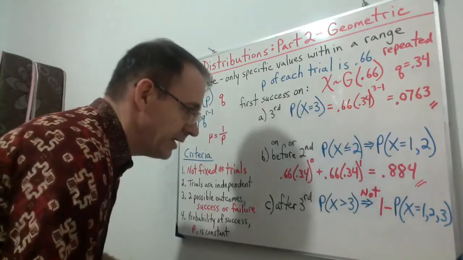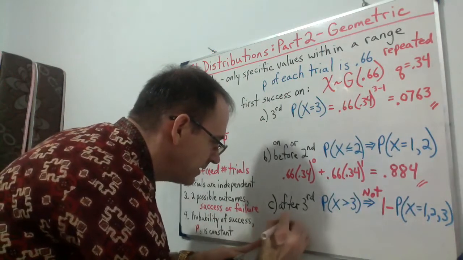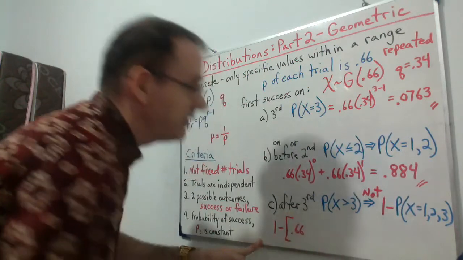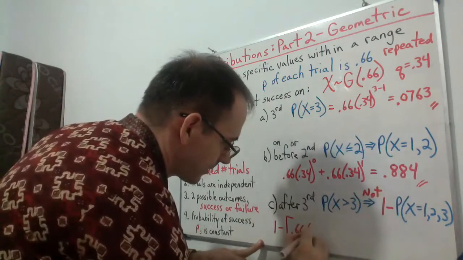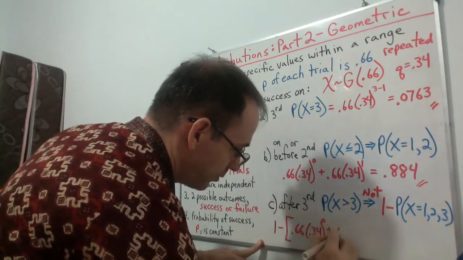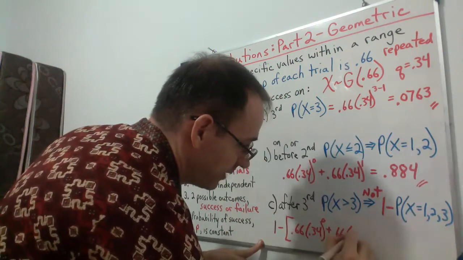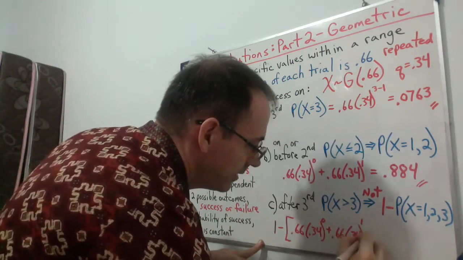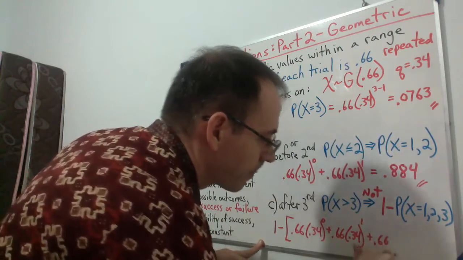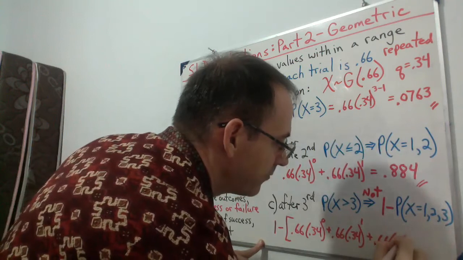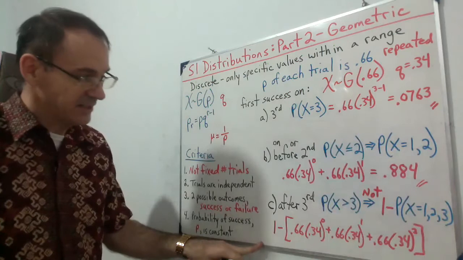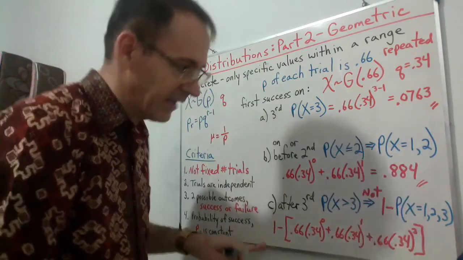So this is going to be 1 minus 0.66, that's 1 success, 0.34, no failure, plus 0.66, 0.34, 1 failure, plus 0.66, 0.34, 2 failures, and this is going to give us our answer.